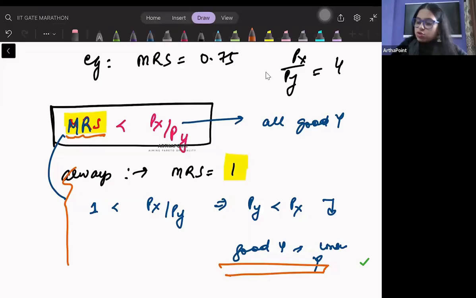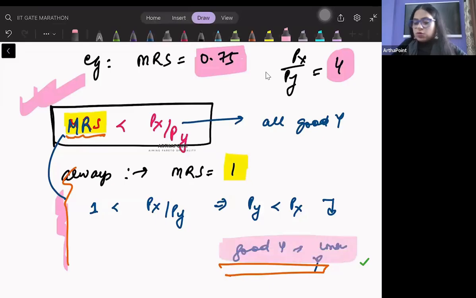Then go back to your question and see कि ठीक है, in my question MRS is 0.75, PX by PY is 4, this condition is satisfied, and in this condition I was consuming all of good Y. So I will consume all of good Y in this case.